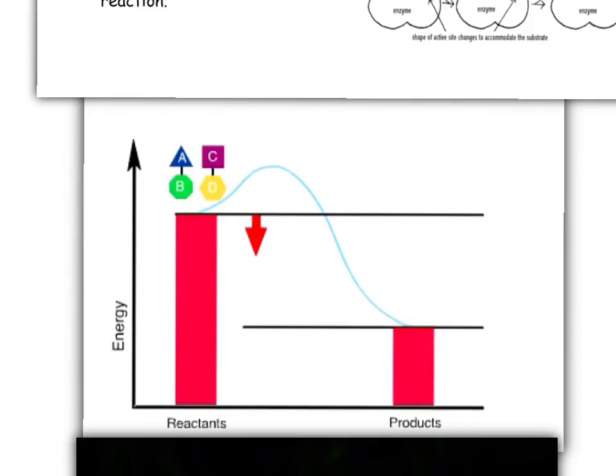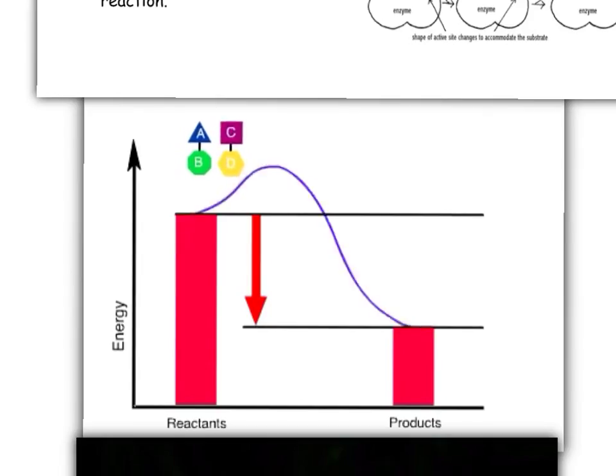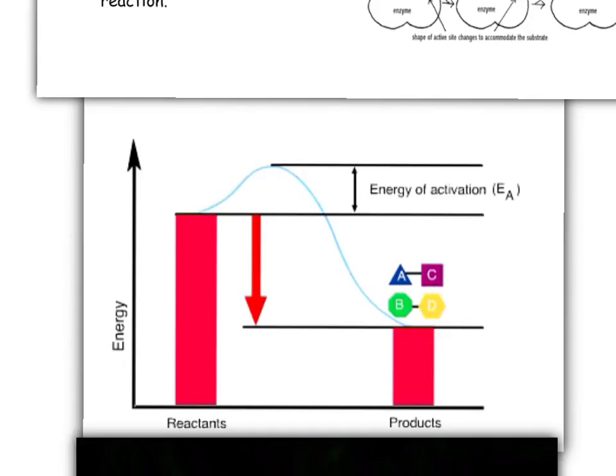For any reaction to occur, even one that releases energy, some energy must be added to get the reaction going. This energy is needed to break bonds in the reactant molecules. The energy needed to start a chemical reaction is called the energy of activation, EA. This required energy input represents a barrier that prevents even energy-releasing reactions from occurring without some added energy.